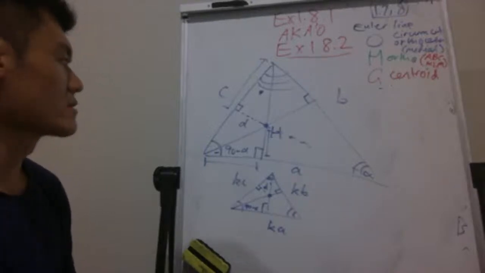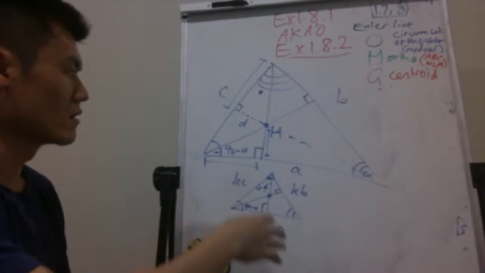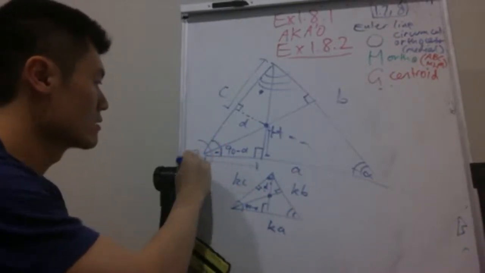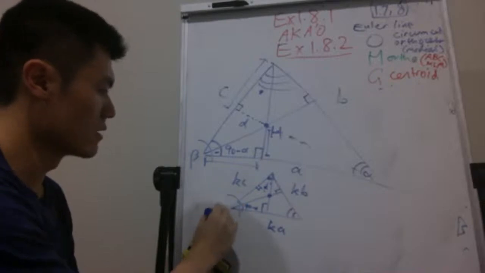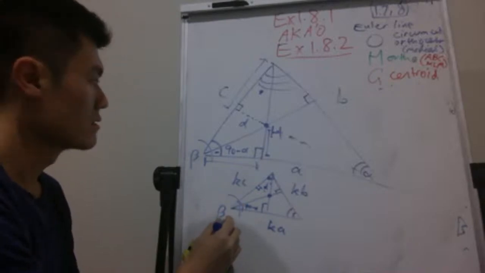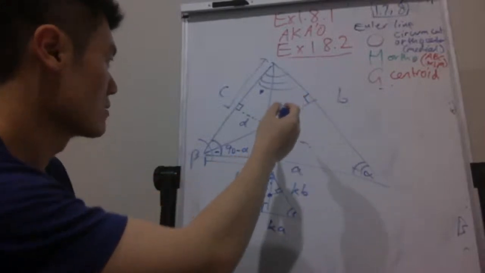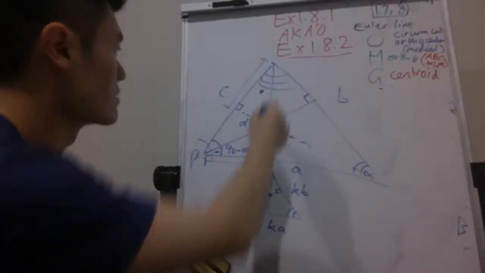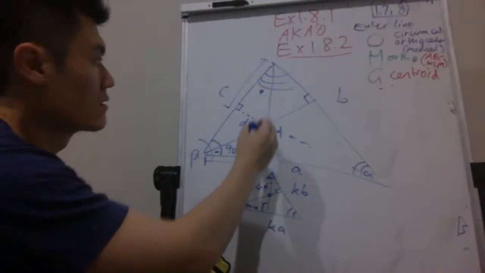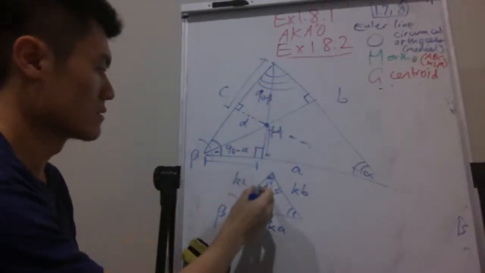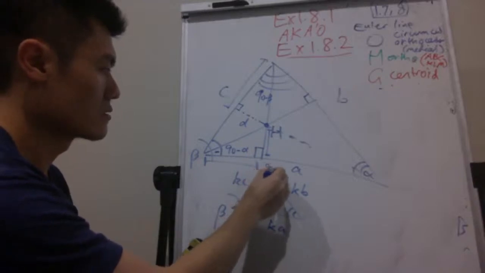That makes sense, kind of. We're basically saying that because the triangles are similar, this angle, call it beta, is going to be the same as this angle beta. Since this is the right angle, this angle here is 90 minus beta, and it's the same over here as 90 minus beta.